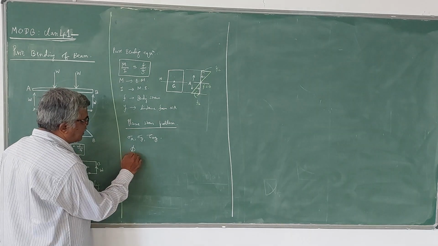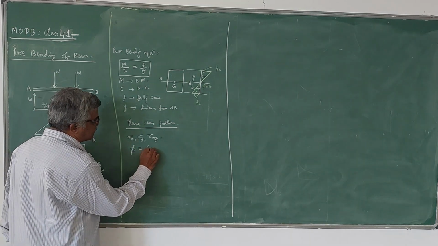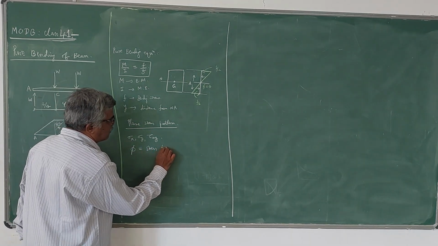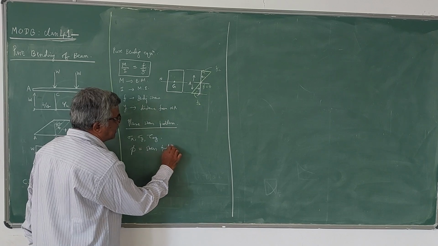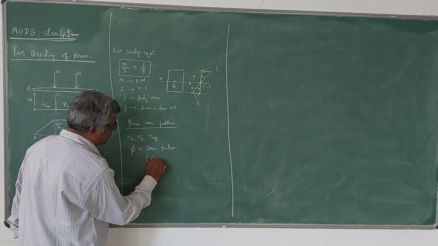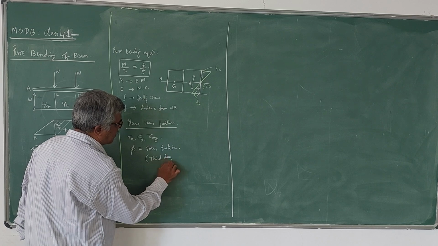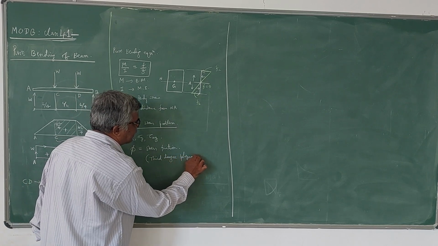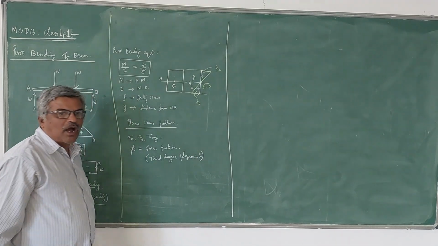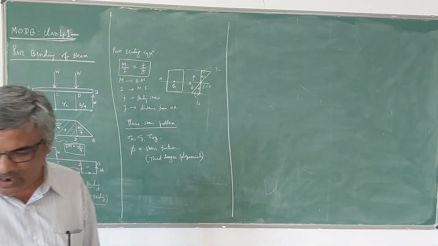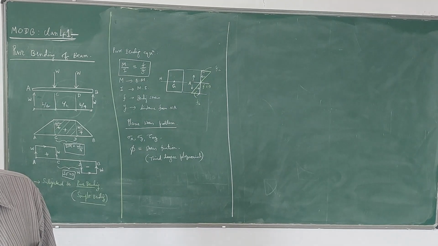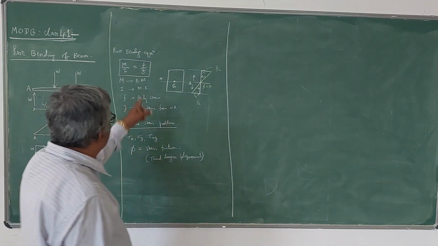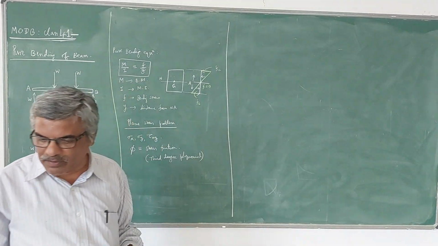So if you assume a stress function, phi is the stress function. Now a third degree polynomial is assumed as a stress function. You know about first degree, second degree, third degree, fourth degree, fifth degree. So I am going to assume a third degree polynomial for deriving the pure bending equation from the elasticity principle.